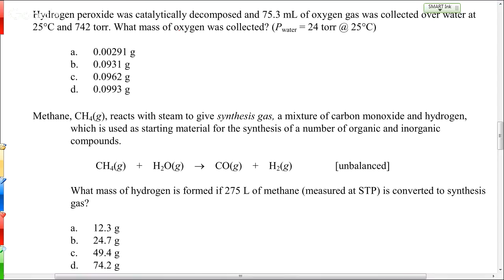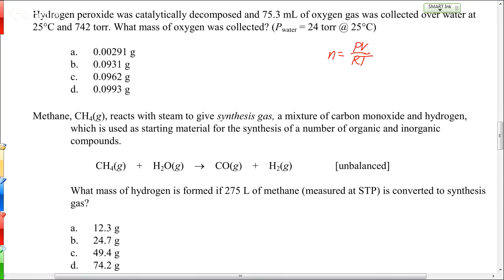So is that just PV equals nRT and solve for moles? Okay. A couple things we have to do first, though, to correct that. So yes, we're going to solve for moles, but we can't just plug those numbers in as they are, right? We have to do some conversions and some corrections.